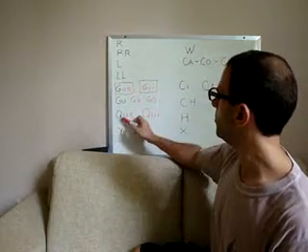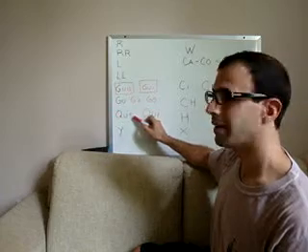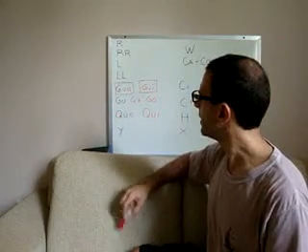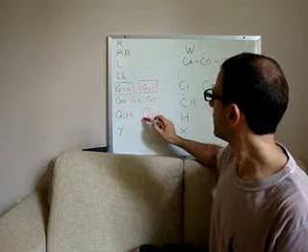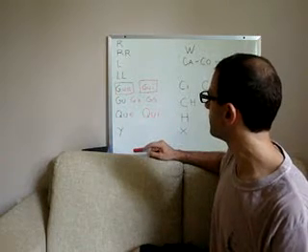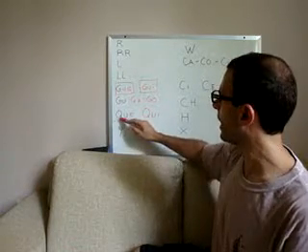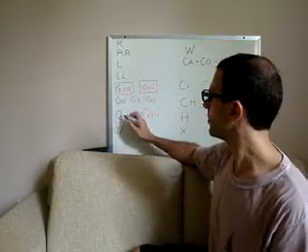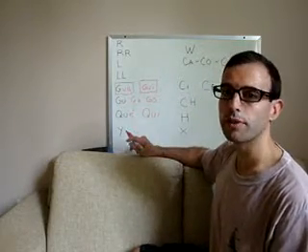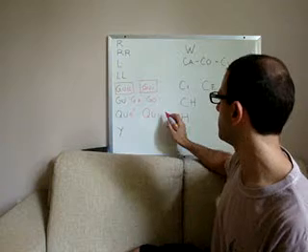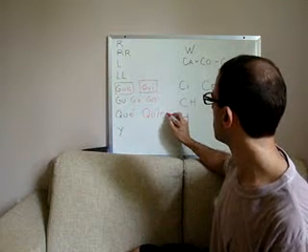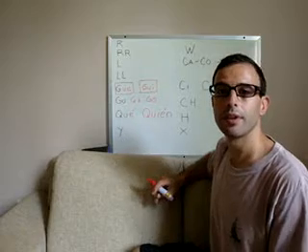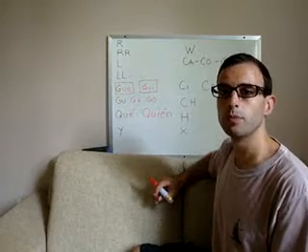Here we read ke, ki. Ke means the word what. Ke, what. Ki is nothing, but if we finish the word, quien, this means who.